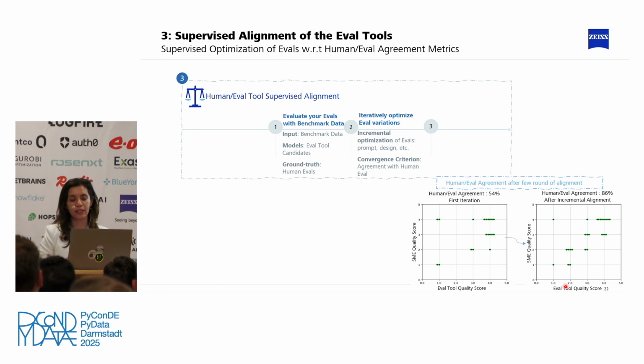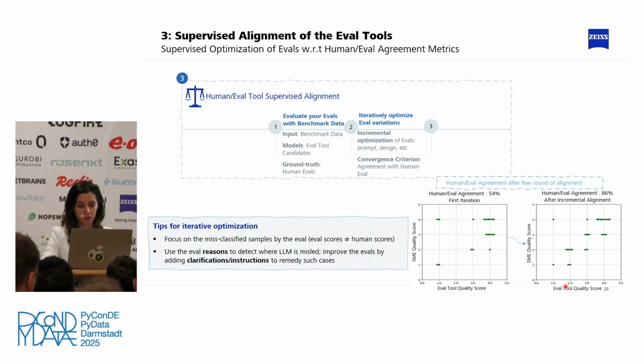Then we go about iteratively optimizing our eval versions by optimizing the convergence criteria, which is the agreement of the eval tool with the human. One of the things that I normally observe is that out-of-the-box eval tools give me 30 to 50% human agreement, but already with a couple of iterations, I can increase this agreement to higher levels.